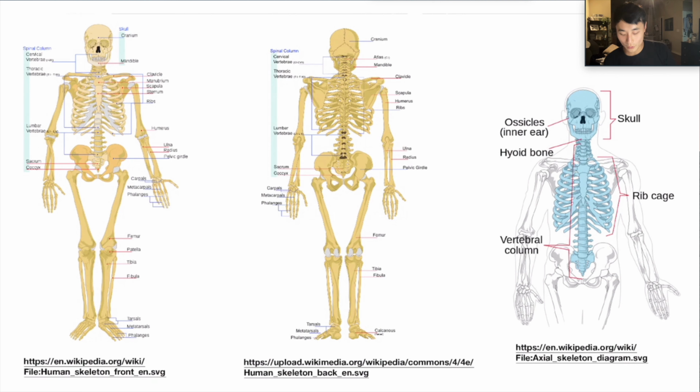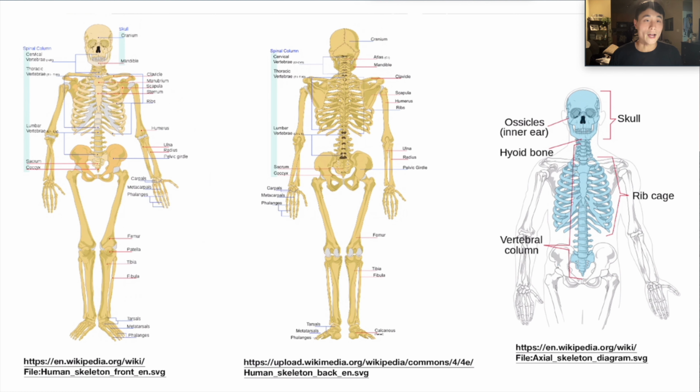This is pretty obvious by how the skull is facing forward, by the eye sockets here, versus this one is facing backward. This is obvious by back of the head facing right here, and also scapula that's facing this way, which means that this view is posterior. So you have to orient yourself first.